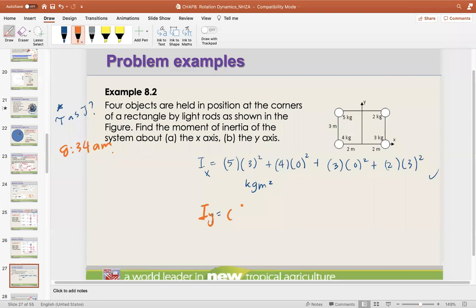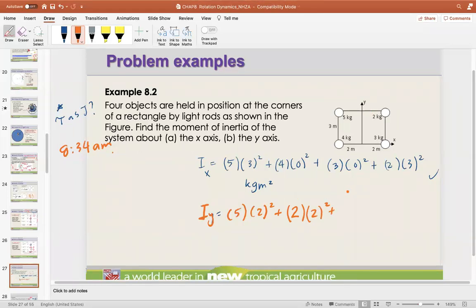Okay, 5 times 2 squared, betul, and then plus 2 darab 2 ni 2 dekat square mana? 2 squared.